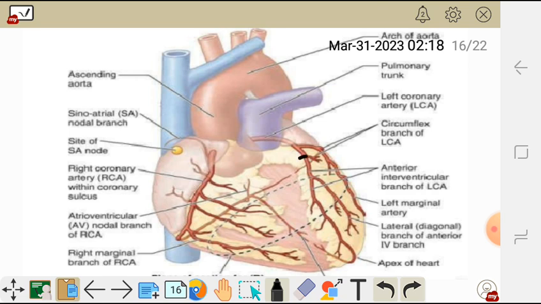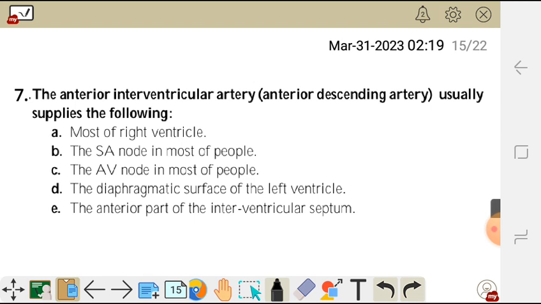It supplies the septum there, the interventricular septum. Two-thirds of the interventricular septum is supplied by the anterior interventricular branch. So the correct answer is the anterior part of the interventricular septum. So the correct answer is E for question 7.